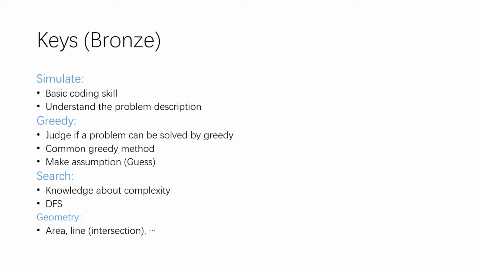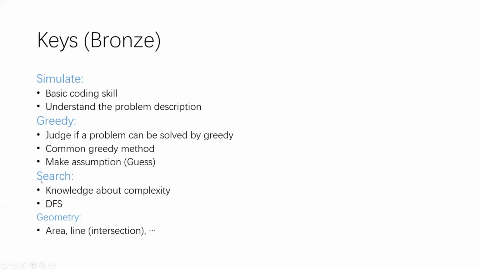You need to check for some cases, and if you check some cases and they work, you do not need to prove. Okay, so for the difficult greedy problems, guess is really important.